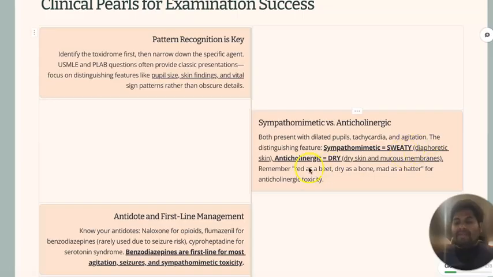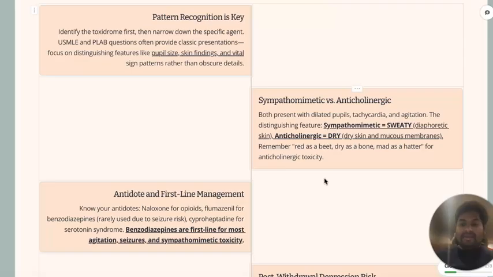But if the person is on anticholinergic, like atropine, then at that time there won't be any sweats. Other symptoms like tachycardia, dilated pupils, agitation occur in both sympathomimetic as well as anticholinergic toxicity. But the only differentiating factor is that if the person has sweat, then that is sympathomimetic. If the person is not sweating, it's completely dry, that we call anticholinergic intoxication.